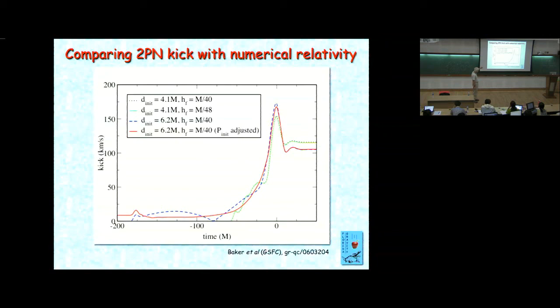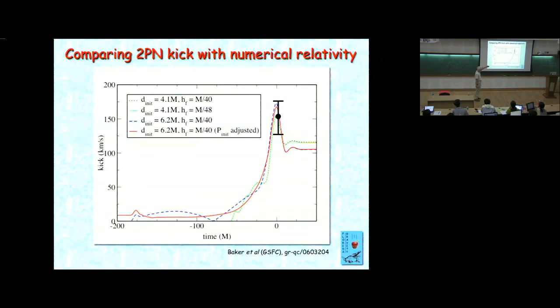You see the velocity is very low, but as the in-spiral goes and they get closer and closer together, it increases. And this is about the innermost stable orbit, about the place where we cut off our calculation. The value we got for this particular mass ratio agreed pretty well with what they had for that numerical simulation.